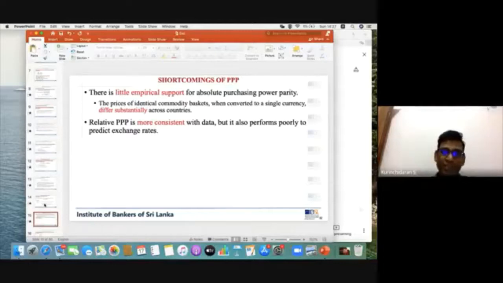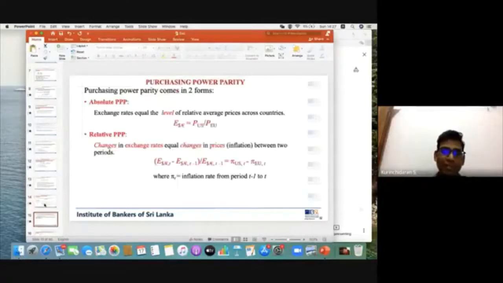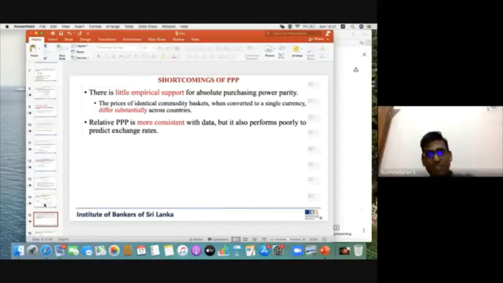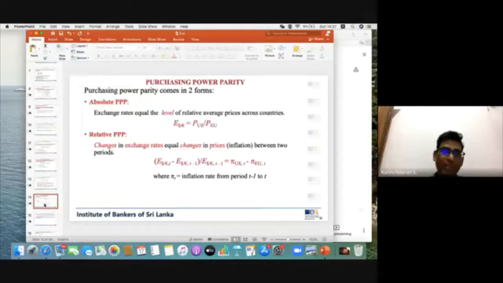Okay, next I'm just going to give some examples of shortcomings of purchasing power parity. One, we can see there's little empirical support for absolute purchasing power parity. As I saw earlier, these two price levels are determining this exchange rate.